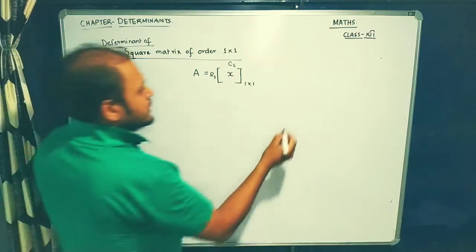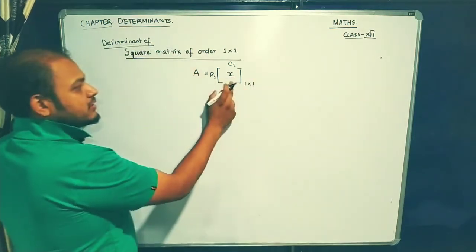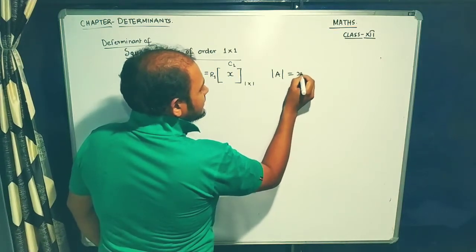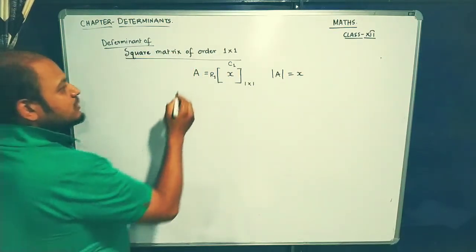And remember this point here, that the determinant of a square matrix of order only 1 by 1 is the element itself. Okay, so keep this in mind.